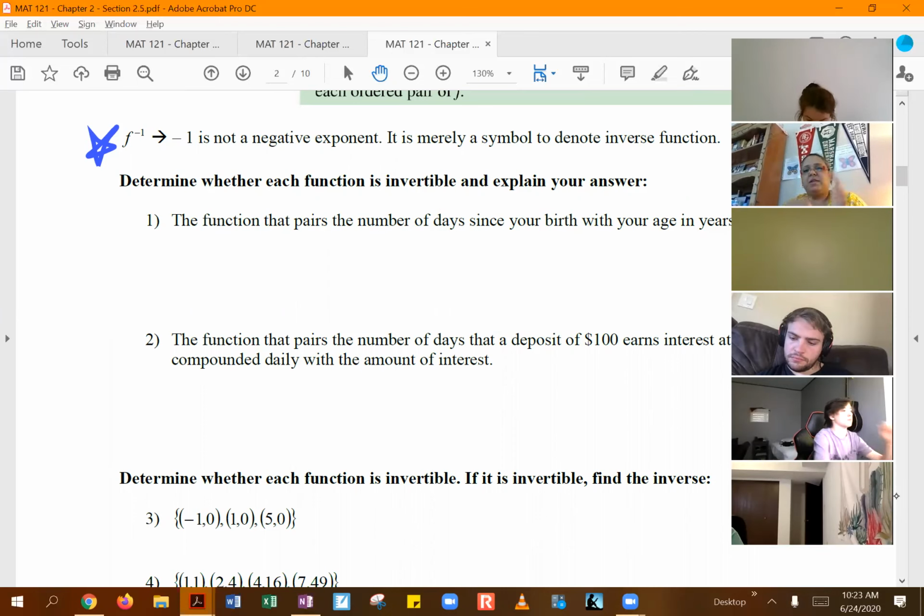If you know the number of days that have passed since we were born, would we be able to calculate our age? And what happens if you reverse that? If you know your age, would you be able to calculate the number of days since your birth? So would we consider this to be a one-to-one function or not?